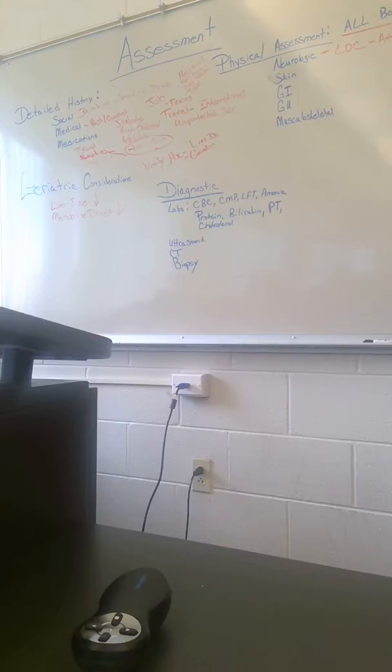Their vascular space is dehydrated, but their peritoneal area, their third spacing of fluid, is overloaded. So they're overloaded but dehydrated at the same time. They're really tough to manage sometimes. But confusion can be one of the first things that we see.